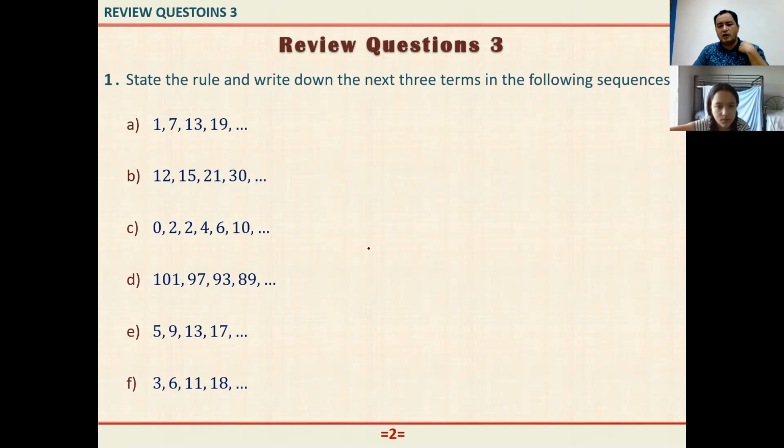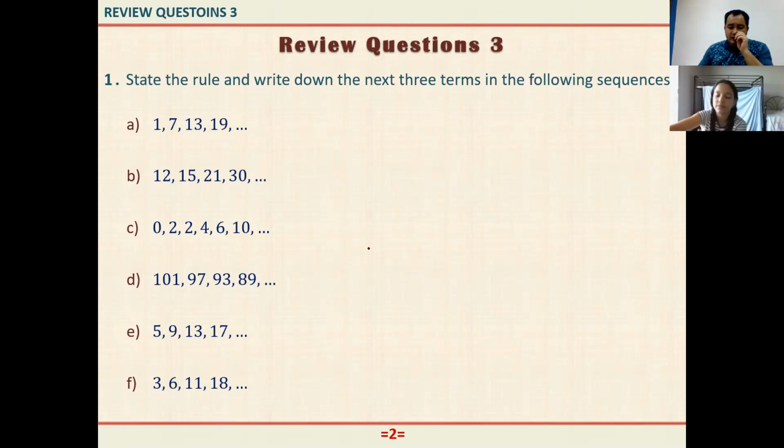And why should we know how to write the general term? Once we get the formula, using that algebraic formula, we can write any term of the sequence, like the 100th term or 500th term, without actually writing out all these terms.